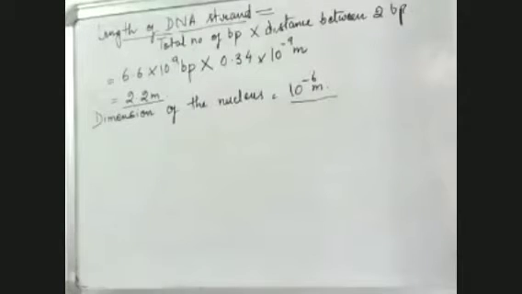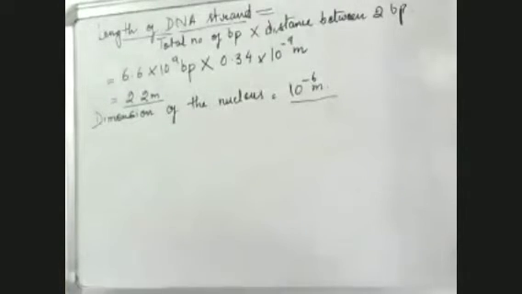This is something worth understanding, and worth knowing: how is it possible that such a long DNA fits in a nucleus with a dimension of 10 raised to power minus 6 meters?